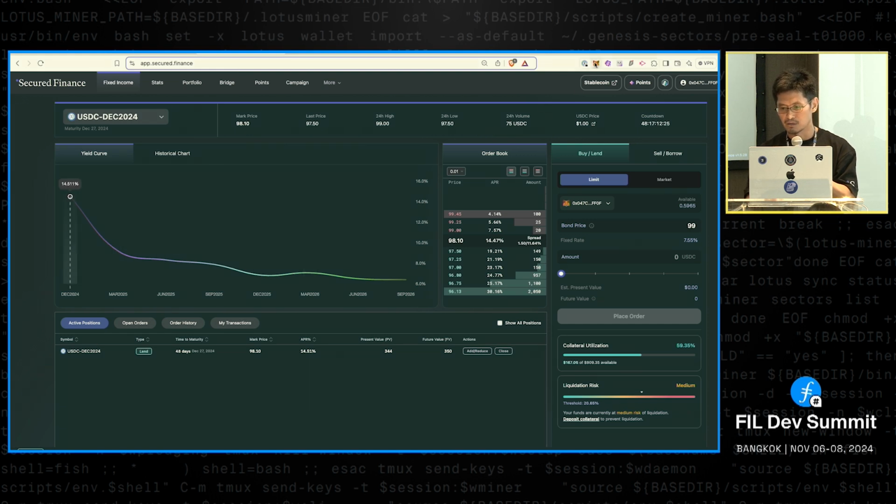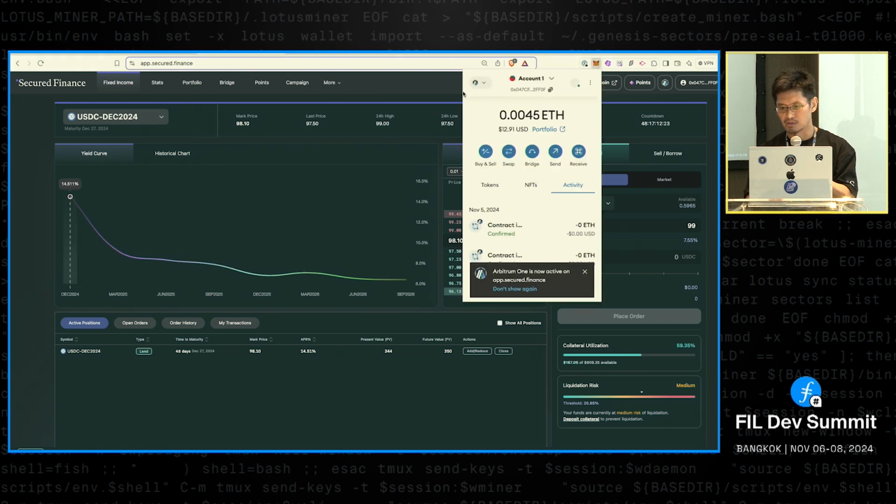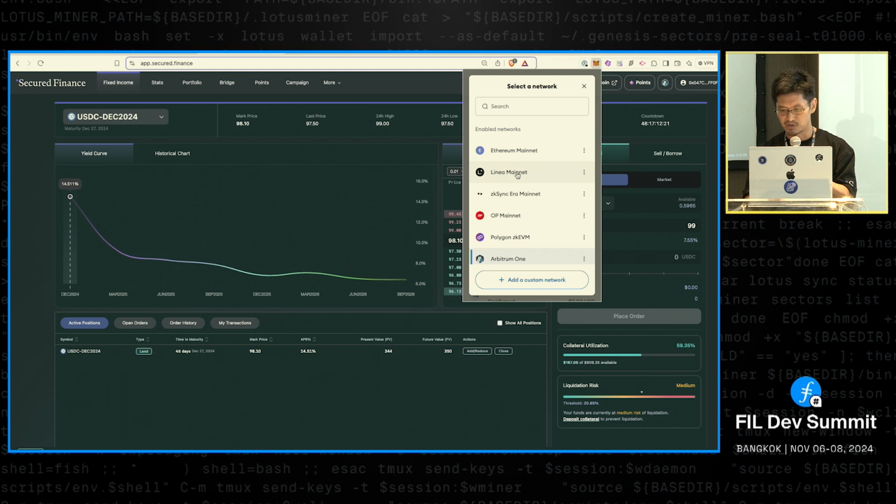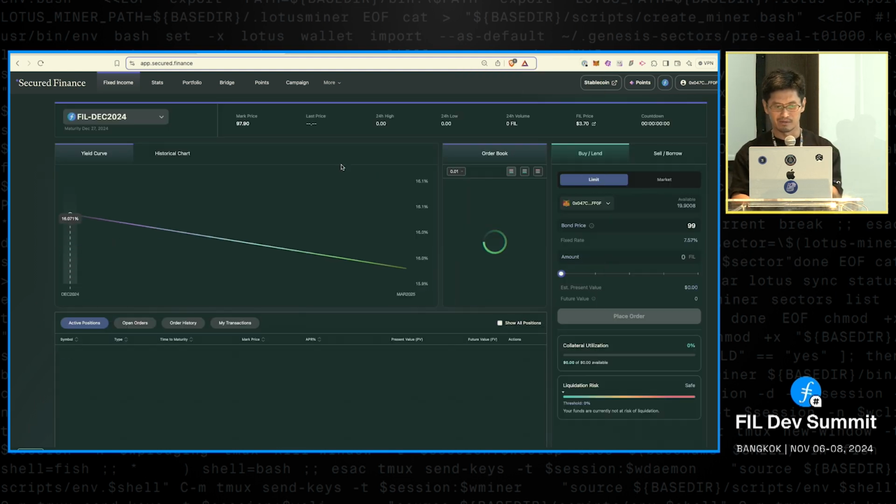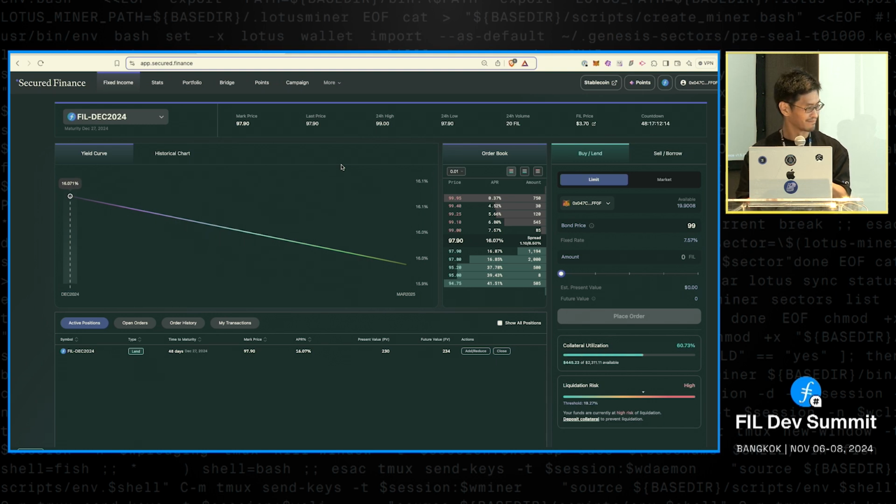Oh, actually, it should be Filecoin. Okay, so this is a Filecoin yield curve. You can borrow and lend.